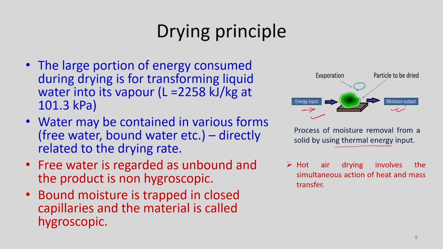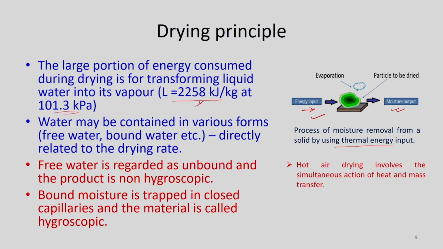During this phenomenon, hot air is applied and heat and mass transfers are involved throughout the drying process. The large portion of energy consumed during drying is for transforming liquid water into its vapor, because as you know it is latent heat of vaporization at this ambient. So, that has to be removed.